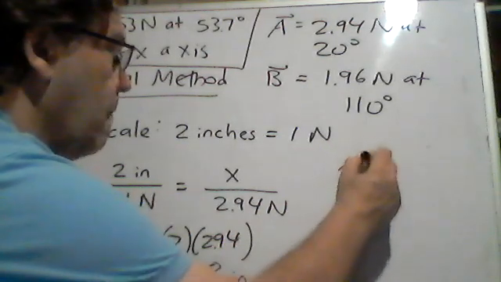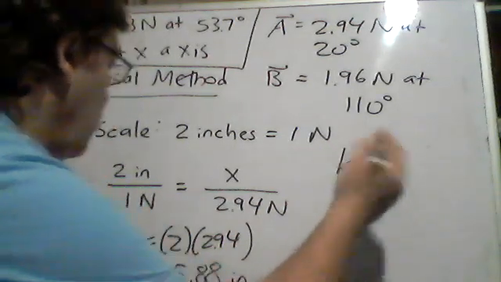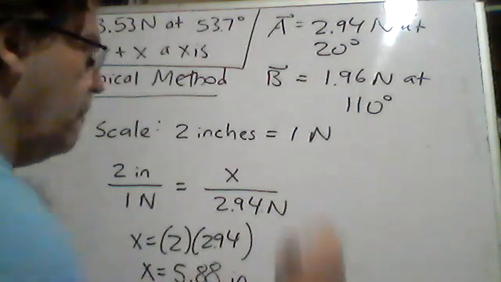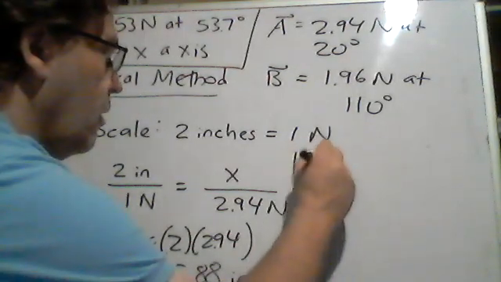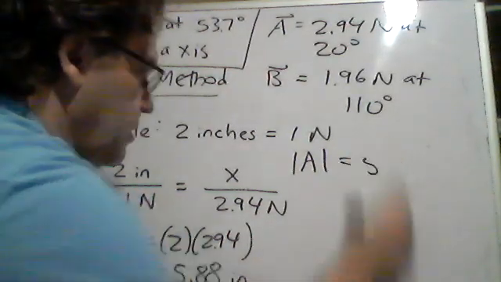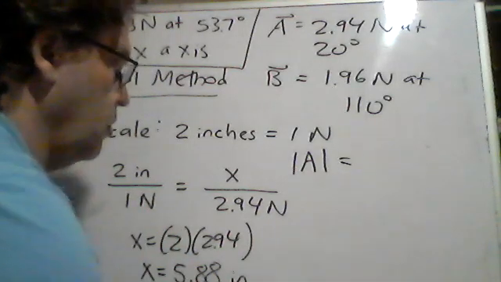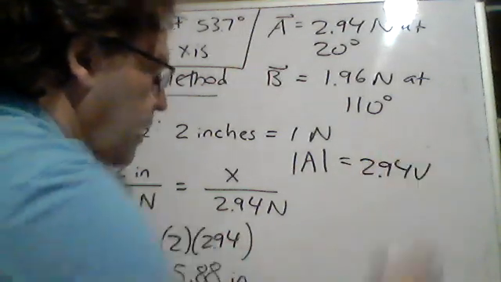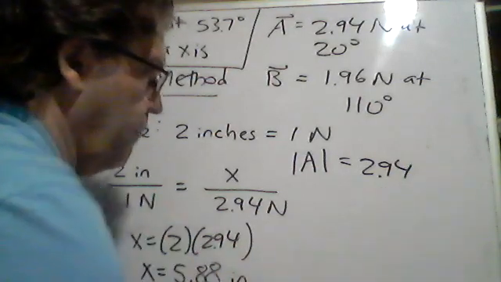All right, and so I would say that if I'm doing the scale, the length of my A, and I need to write this down, is 5.88. It corresponds to 2.94 newtons, and that corresponds to a length of 5.88 inches.